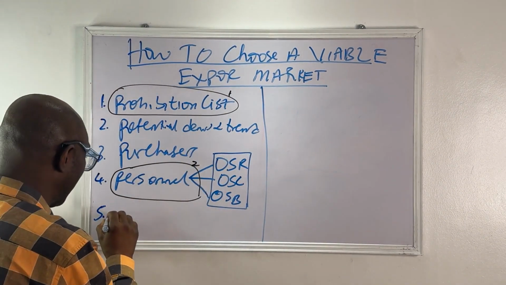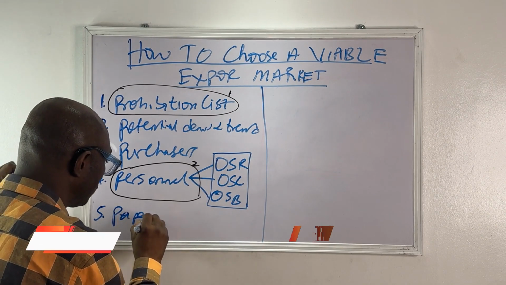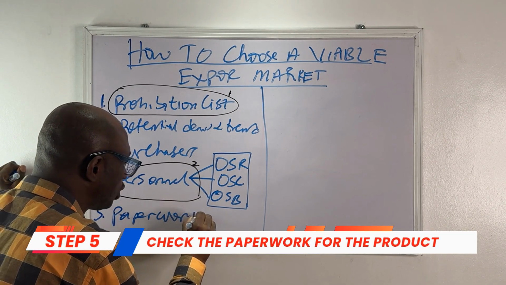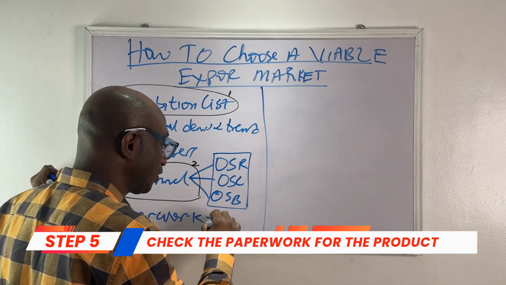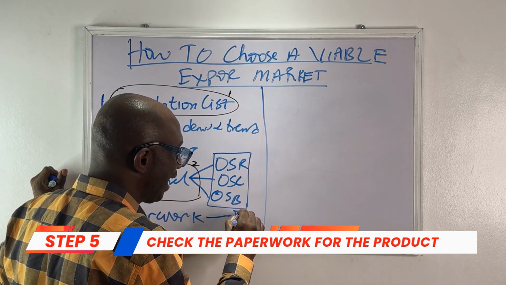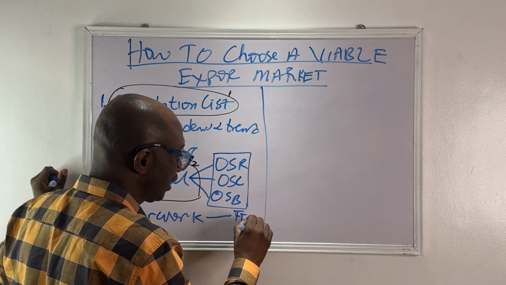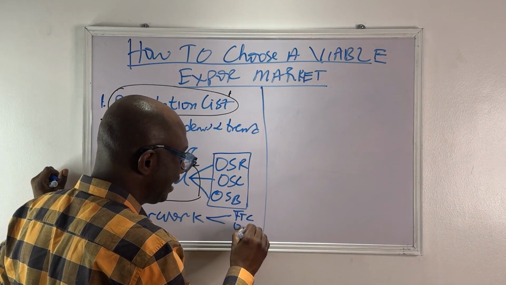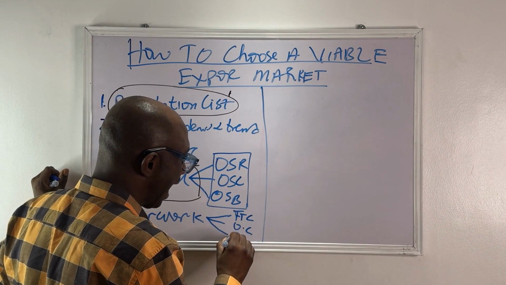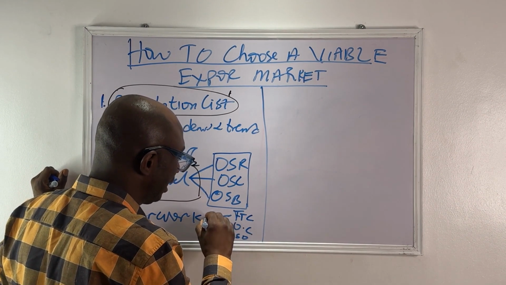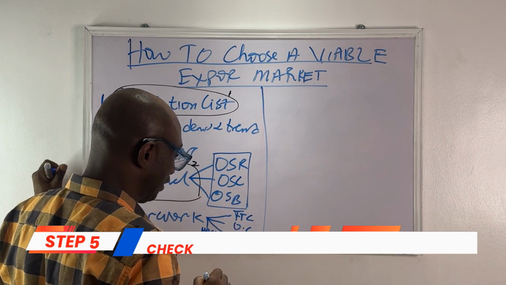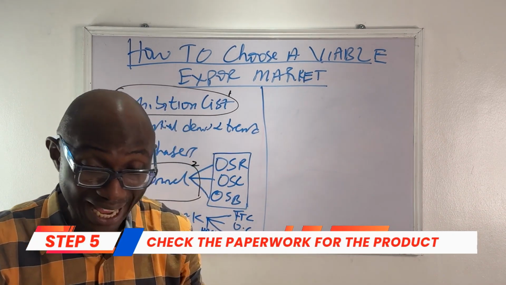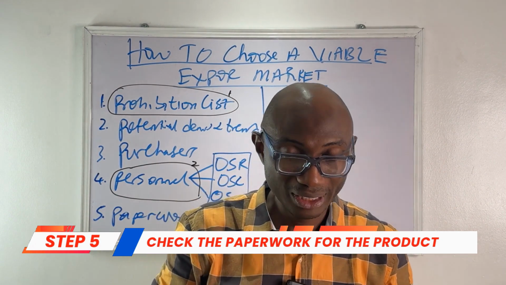Paperwork. You can't grow in that market without it. Now, what is the documentation requirement? Some countries will ask you for certification, like fair trade certification, organic certification, ISO certification, or HACCP certification, depending on the nature of the item you are shipping.